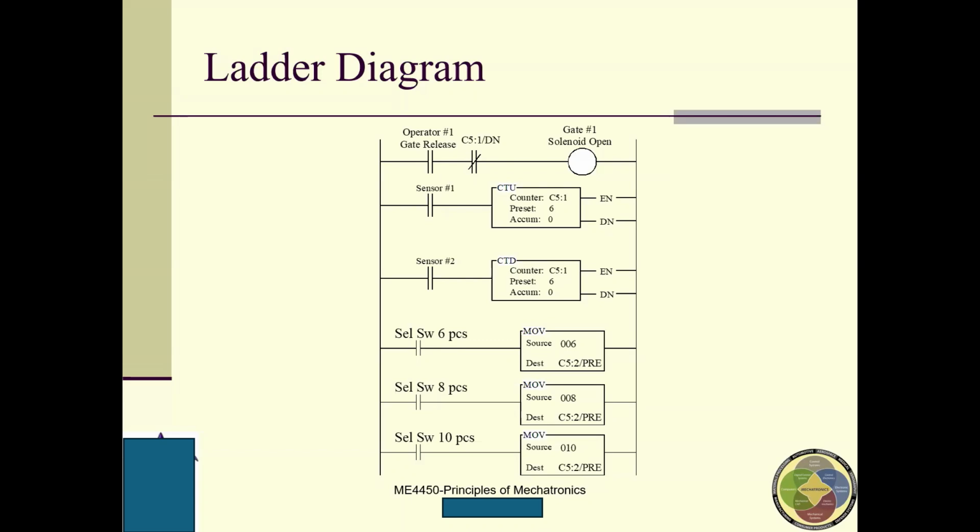Let's see. First of all, this is a C5:1. All of these are counter 1. C5 means counter, and the number behind the colon means which counter. Here we only have 1 counter, okay?